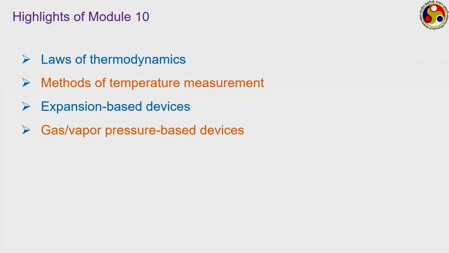Then we talked about the gas vapor pressure based devices in the form of pressure thermometer. Then we discussed 4 different types of electrical devices, which are all very common: RTDs, thermocouples, thermistors, and diode based or IC based sensors. And then we talked about the pyrometers. There can be a wide range of pyrometers, like optical pyrometers, total radiation pyrometer, or infrared pyrometer, depending on the range of wavelength that you are dealing with.